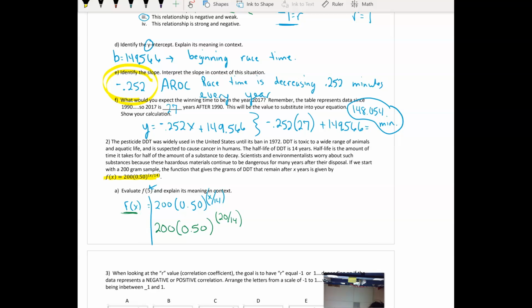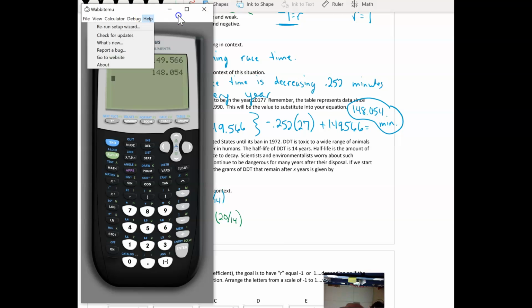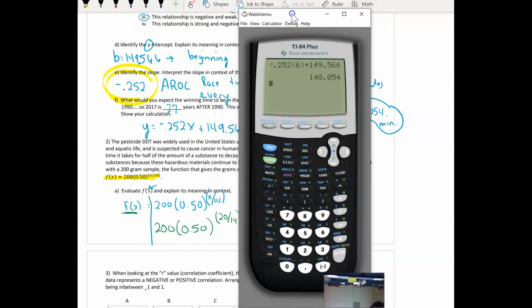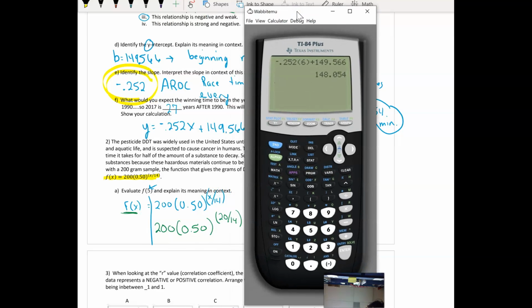So bringing the calculator back up, let's put it so we can actually see the equation. It's going to be 200. I do parentheses like they have, type in my number. I hit the exponent button, which is that button right above the division key. And then I'm going to do parentheses again and put in 20 divided by 14 as my fraction.